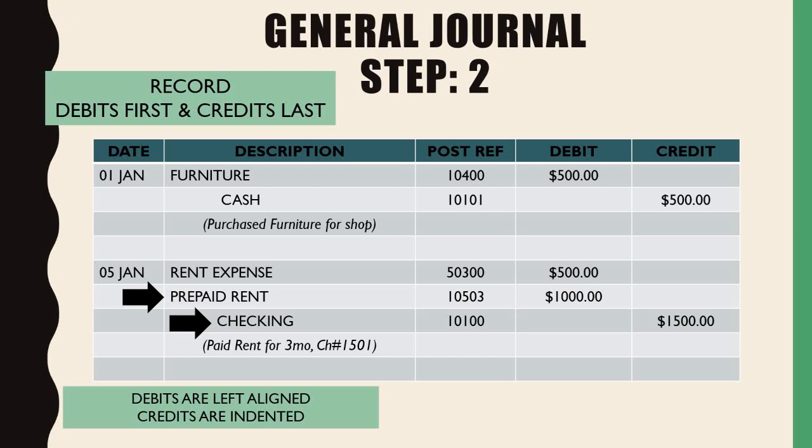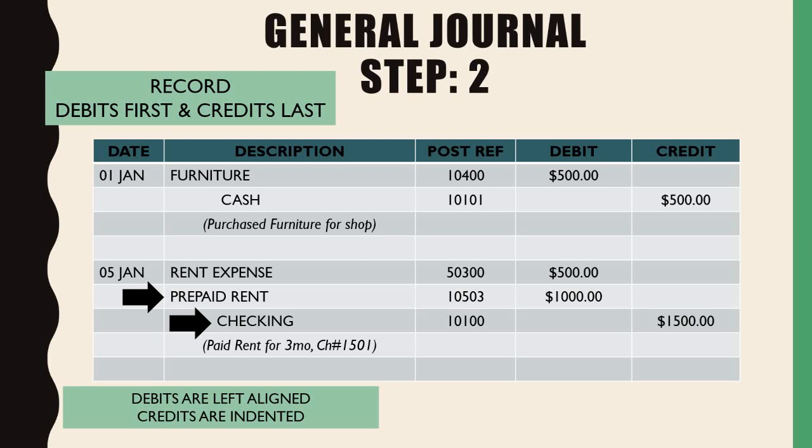Once you figure that out, the rule for journalizing is your debits must always be recorded first. Okay? And usually they're left aligned. And then your credits are recorded afterwards, or last in this case, right? How do you make a difference between the debit and the credit account? We indent the credit account.